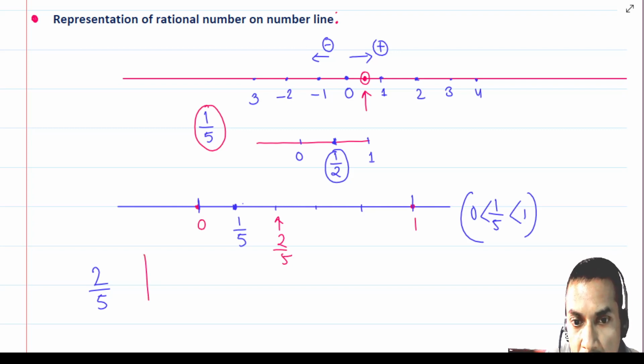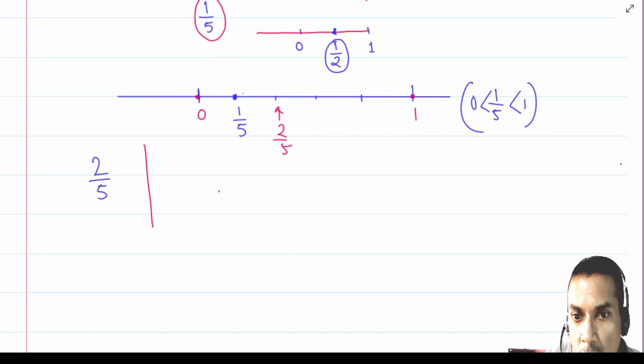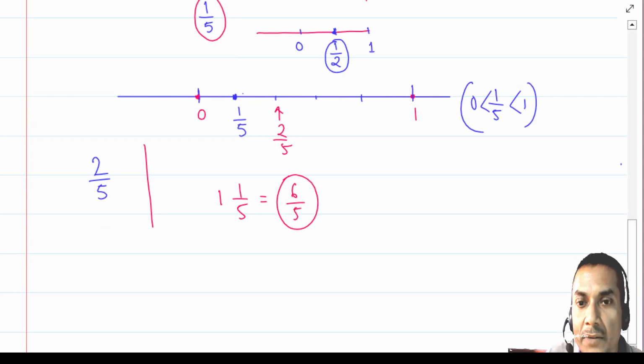If it is more than 1, look how you can do that. More than 1 means 1 and 1/5, that is 6/5. So how can we locate this point on the number line? This is the method.